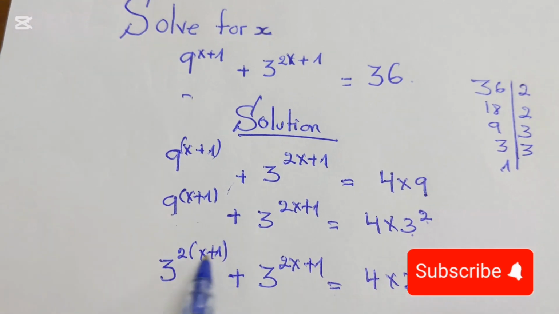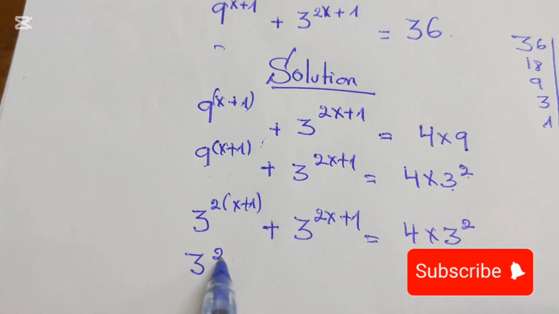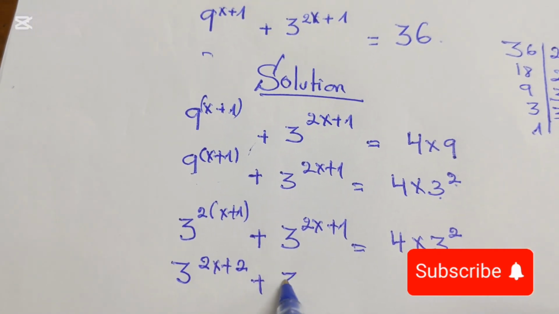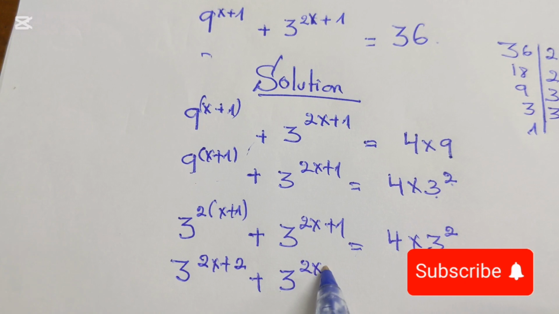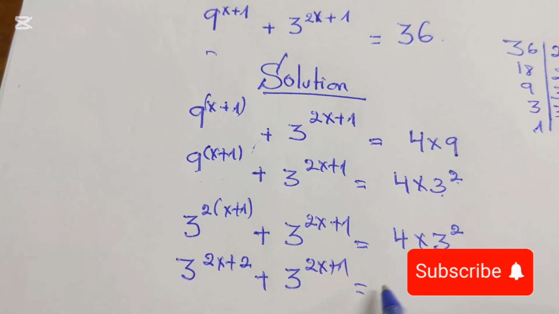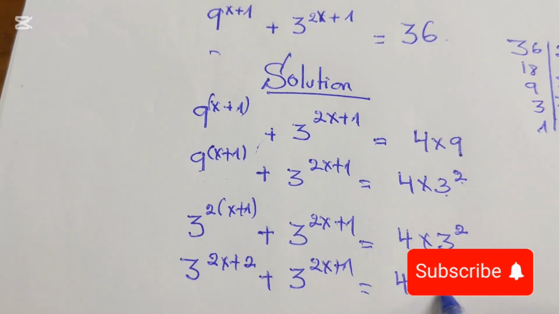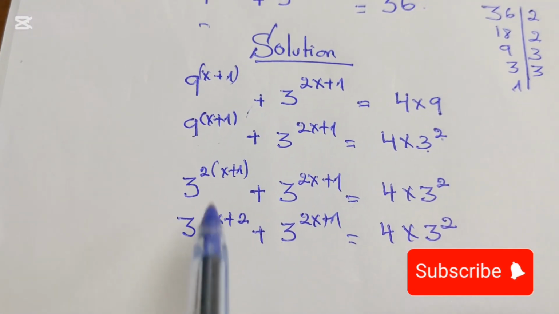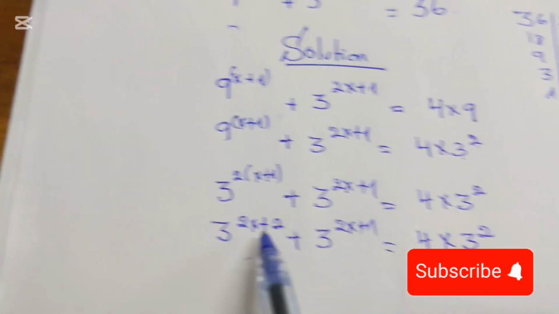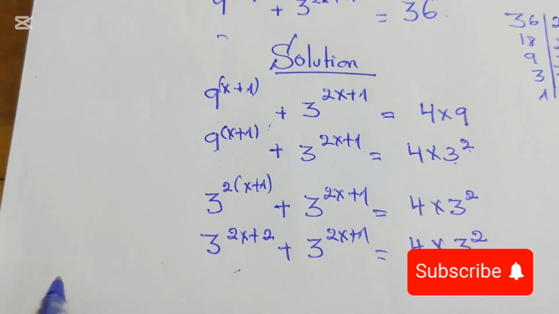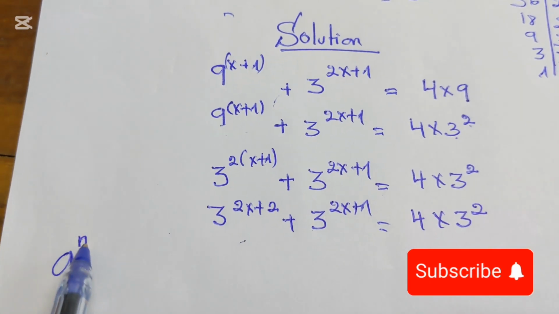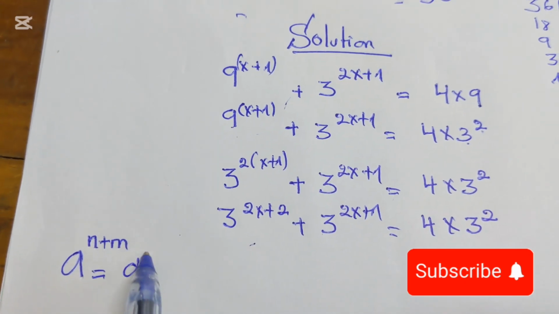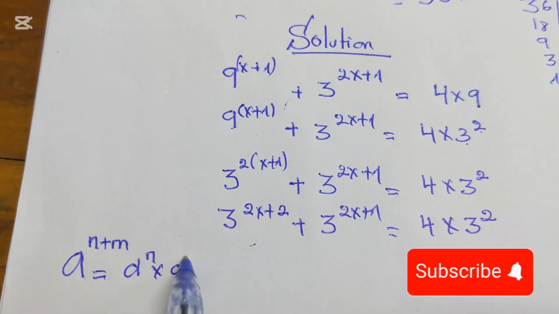Now this 2 is going to multiply inside here to get 3 power 2x plus 2, then plus 3 power 2x plus 1, which is equal to 4 times 3 squared. As we know, we are going to apply this formula: when we have a power n plus m, this is equal to a power n times a power m.